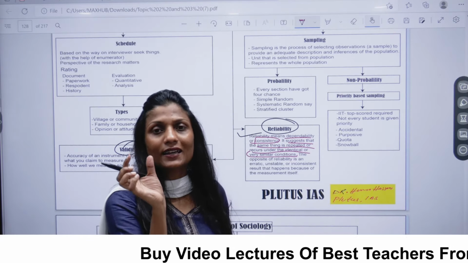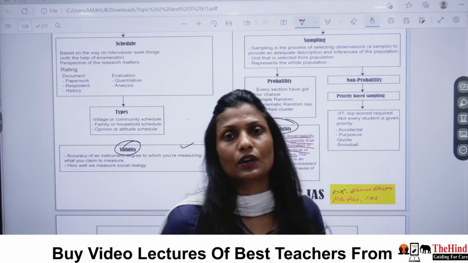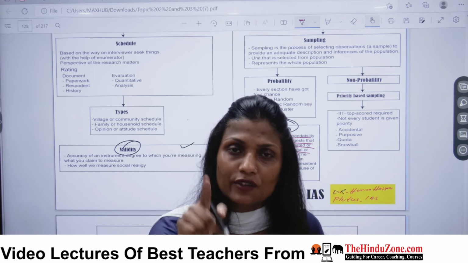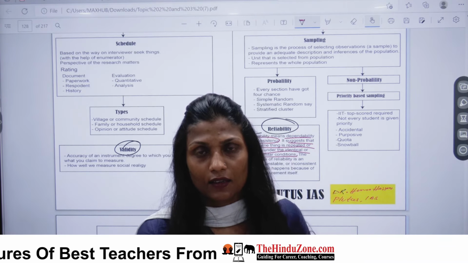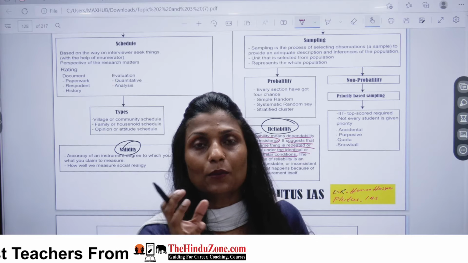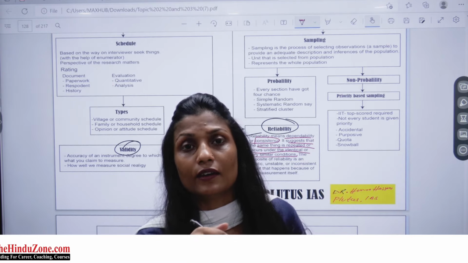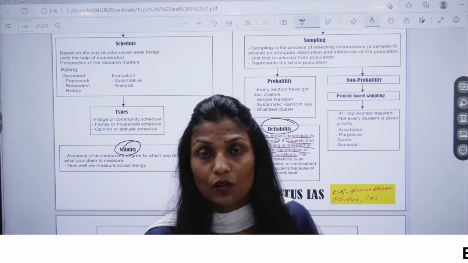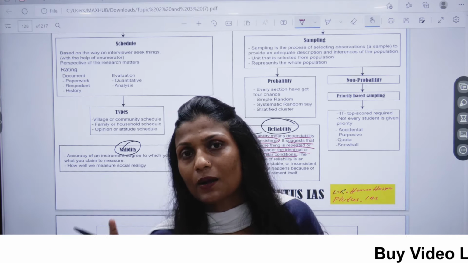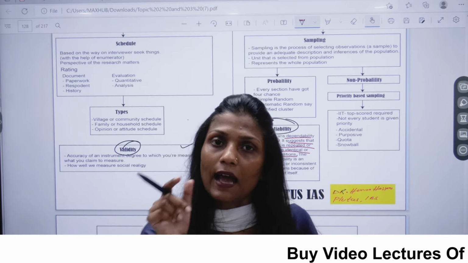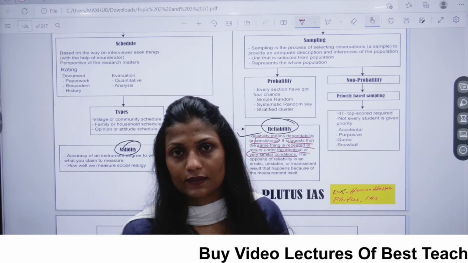So those studies on which we are conducting research will have similar conditions. When I say I am understanding Indian society and those living under poverty, whosoever comes under the poverty line would have similar conditions.